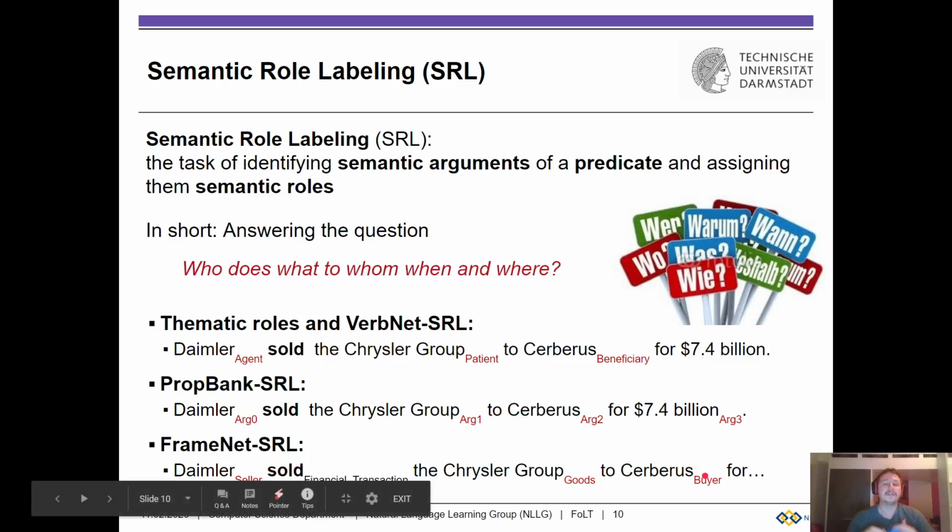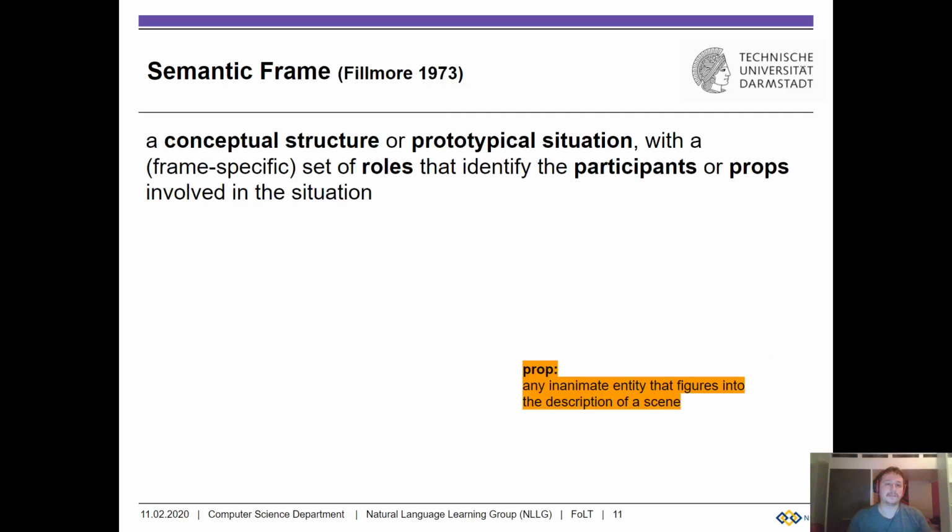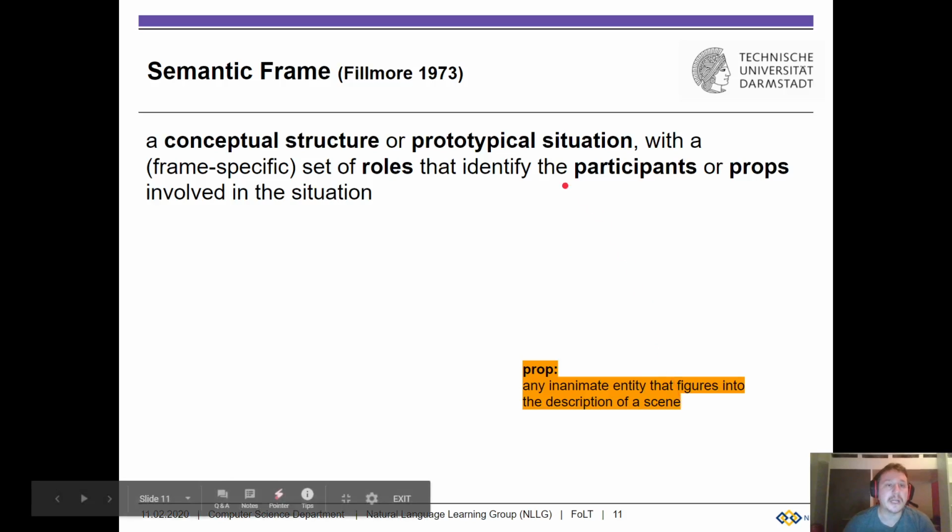Okay, so we have different formalisms that differ in the kinds of arguments that they recognize, and maybe also in the interpretation and names of these arguments, but still all those theories are to a large degree similar or even identical. So when we focus very briefly on one of those theories, it would be the theory of semantic frames, which goes back to Fillmore 1973.